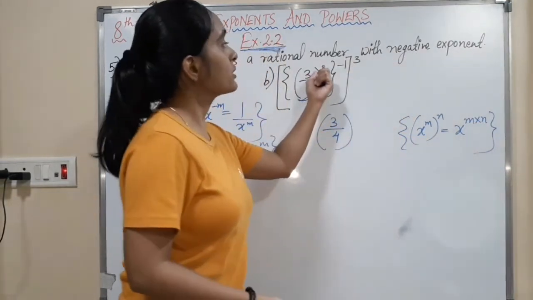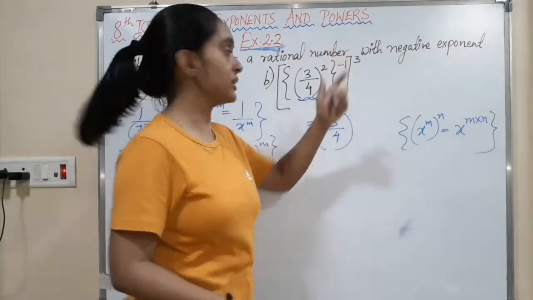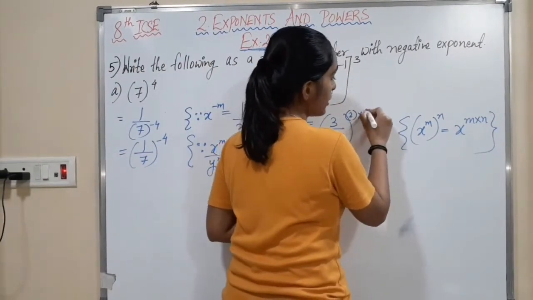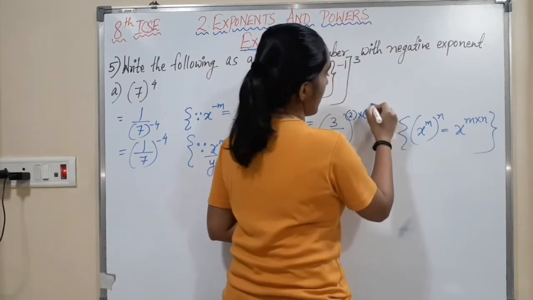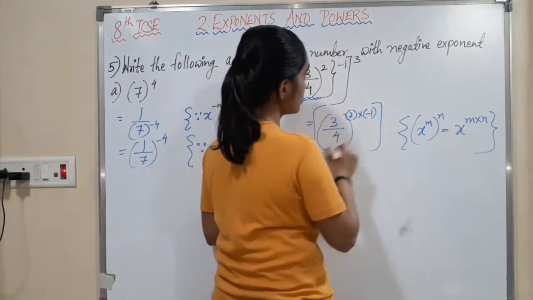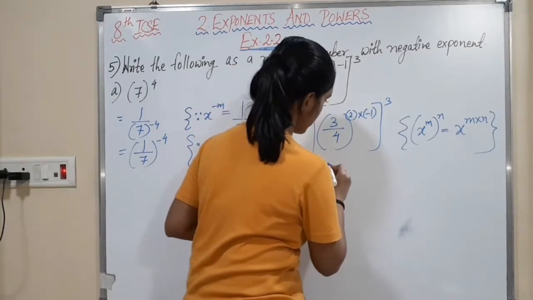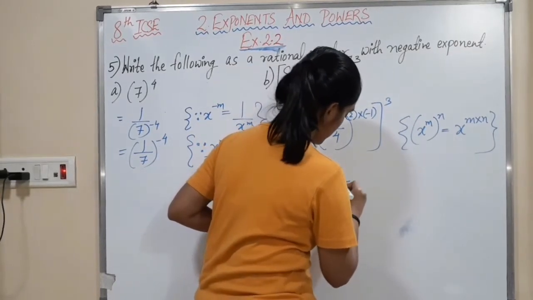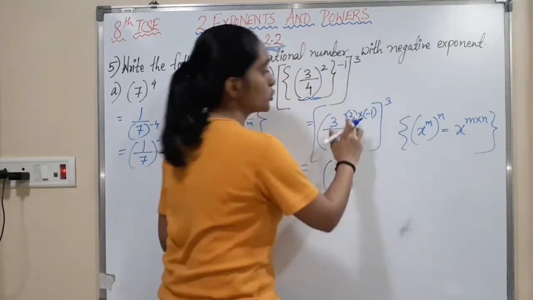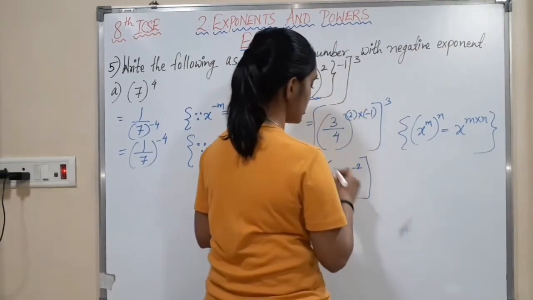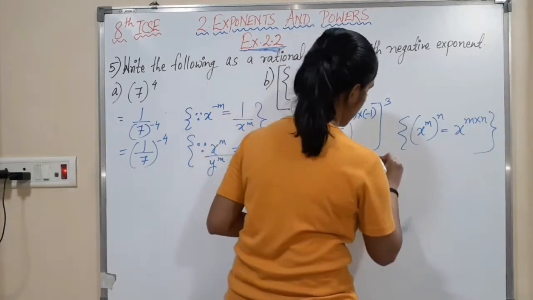Okay. So minus 2 multiplied by minus 1. So 2 multiplied by minus 1 and this is raised to 3. So you will get 3 upon 4 raised to 2 multiplied by minus 1 is minus 2 and which is raised to 3.